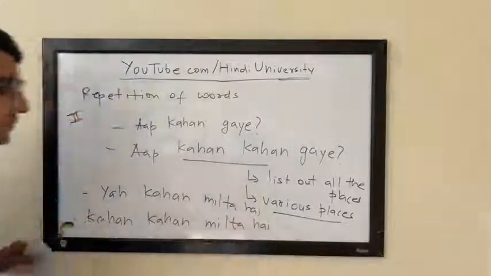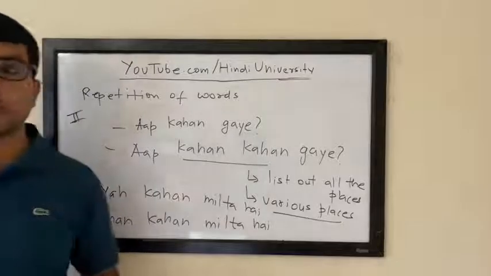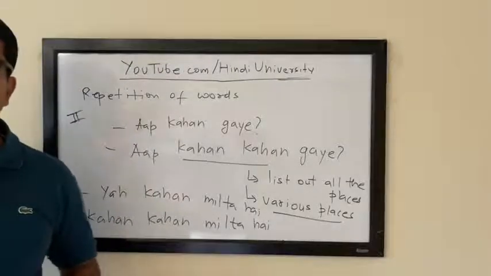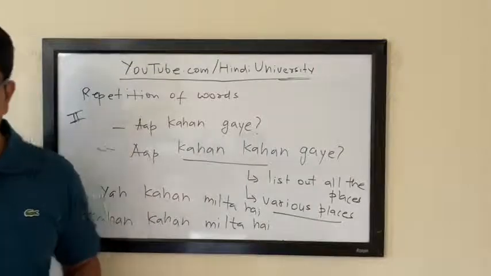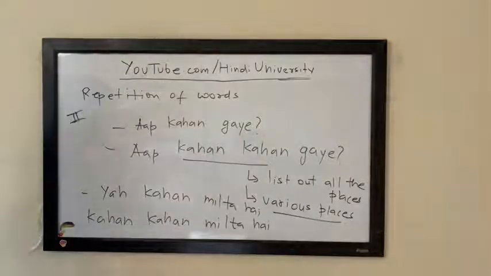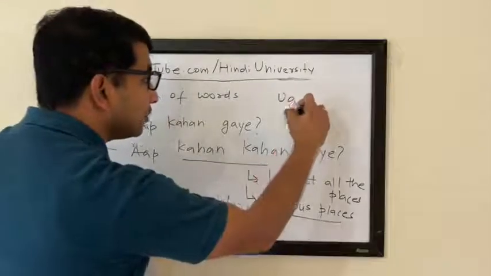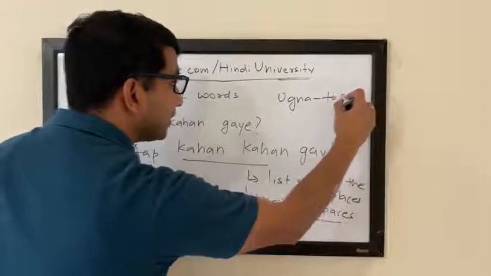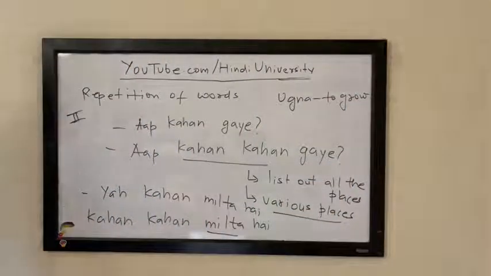List out all the various places where you will find it. Say you're talking about a particular grain. "ये कहाँ उगता है?" Tell me various places where it grows. मिलना is to find, उगना is to grow, right? "मक्का कहाँ उगता है?" Or rice, "कहाँ उगता है?"